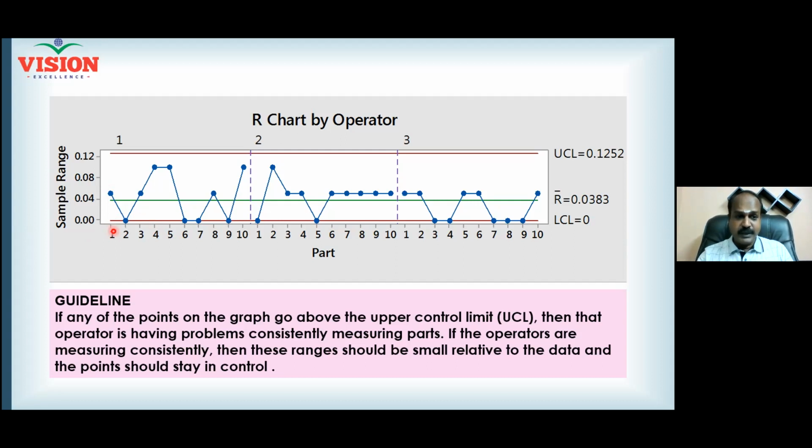And this point is the range of the 3 readings. If the range is more, you can understand the appraiser is performing inconsistently while measuring the same part 3 times. So what should be the value of range? Range should be minimum. Similarly, for the second part, what is the range? So each and every point talks about the repeatability of the operator while measuring each and every part.